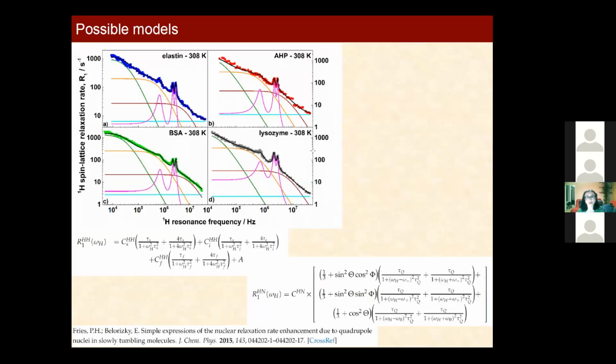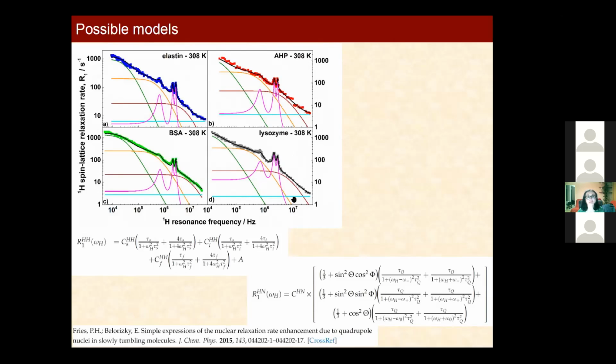However, if the dynamics is slow enough, so let's say the product of the quadrupole coupling of nitrogen times the correlation time, which is responsible for the fluctuation of the quadrupole interaction, what that is is another story, is larger than 1, one can say that the energy level structure of nitrogen is determined not only by the Zeeman interaction, but also, or even mostly, by the quadrupole interaction of nitrogen.